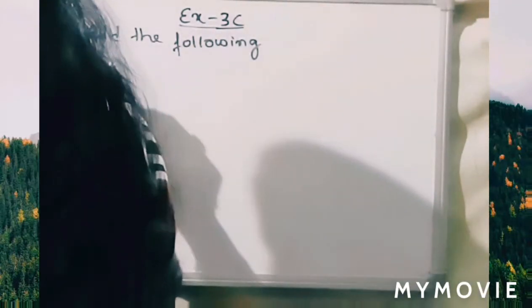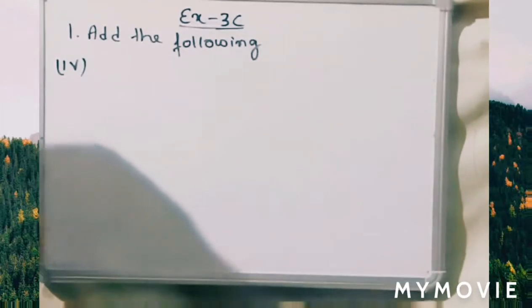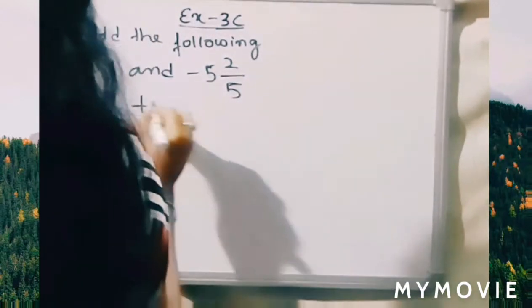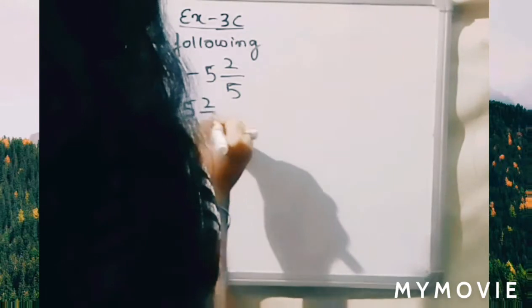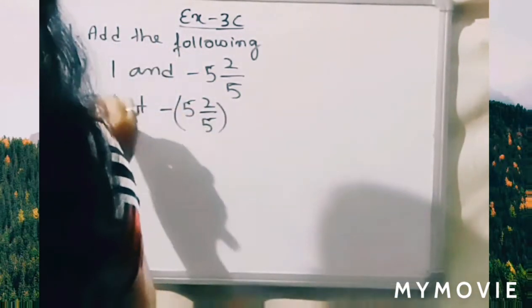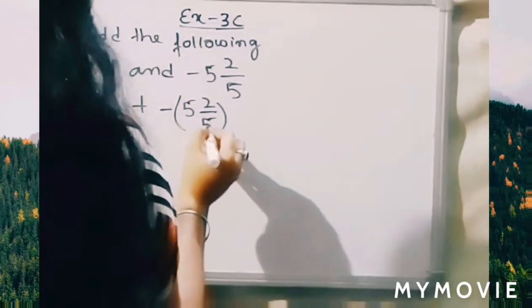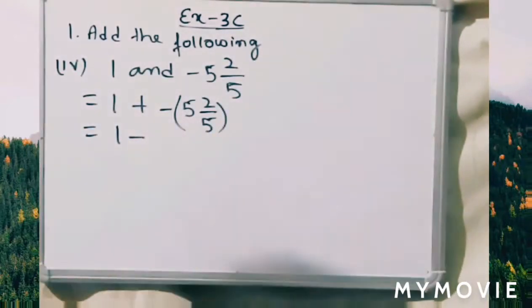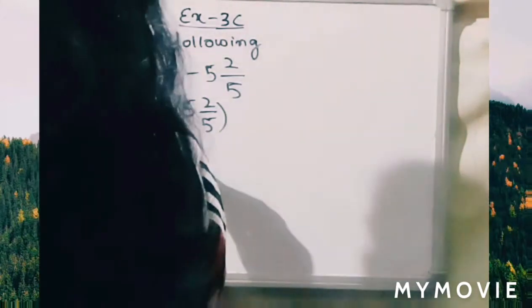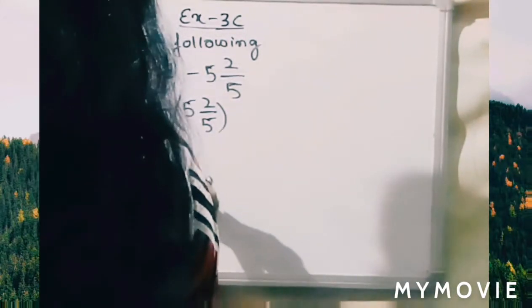Question number 4, what is written? You have to add 1 and minus 5 2 by 5. That means 1 plus minus 5 2 by 5. Now plus minus is what? Minus. Now you convert this mixed fraction into a fraction. How will you convert? 5 5s are 25, 25 plus 2 is 27 by 5.